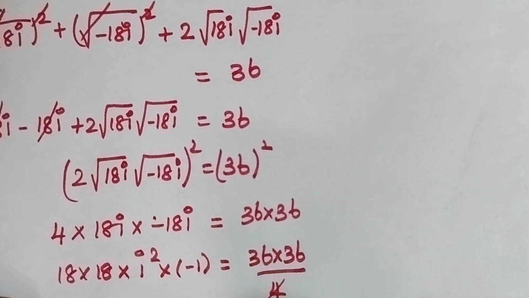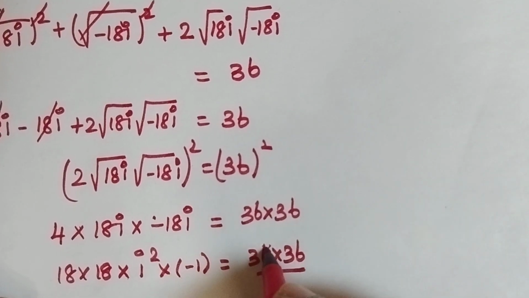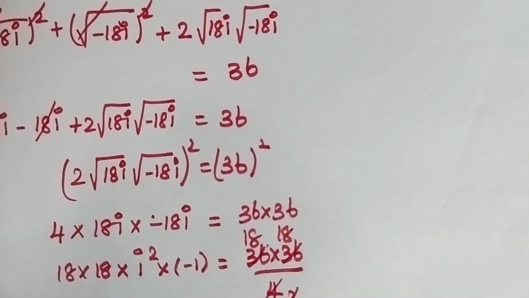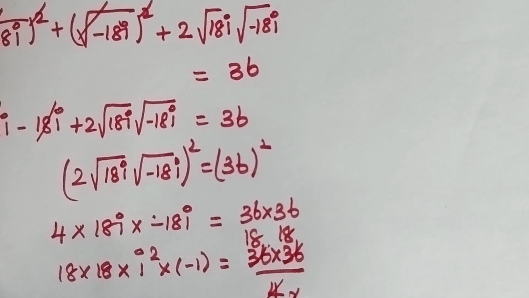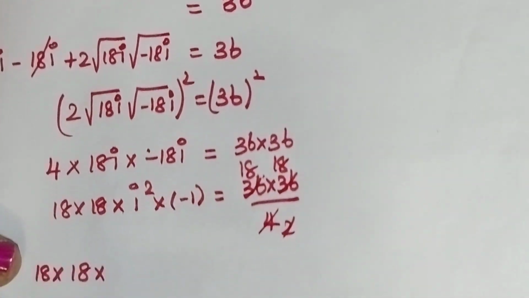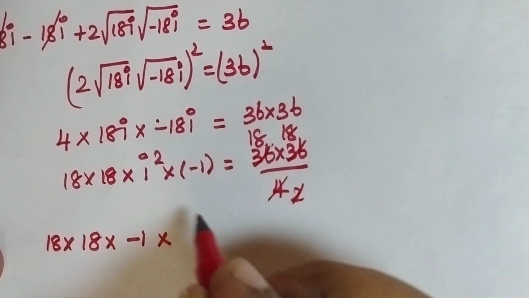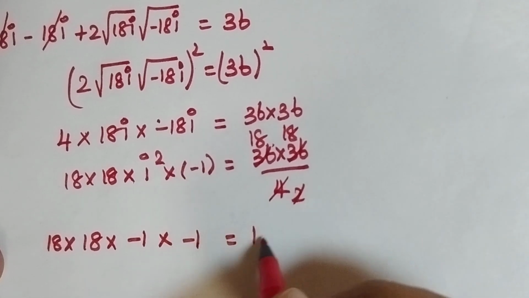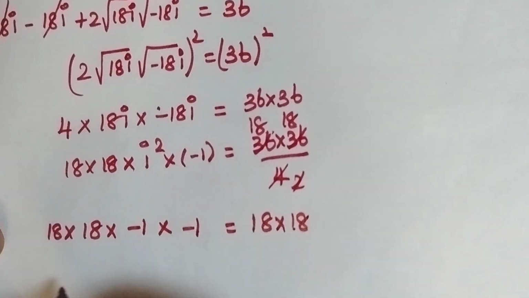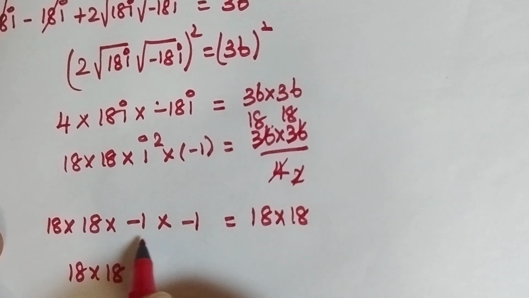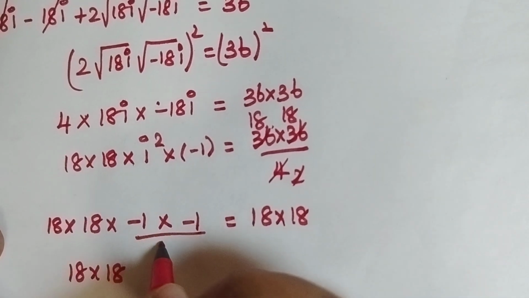This will come in the 2 table, so 18. So 18 into 18, so i square can be written as minus 1. So minus 1 into already we have minus 1 which is equal to 18 into 18. Here 18 into 18 plus 1, into minus 1 into minus 1 which becomes plus 1.